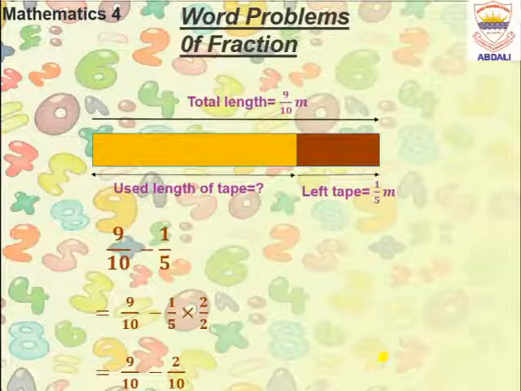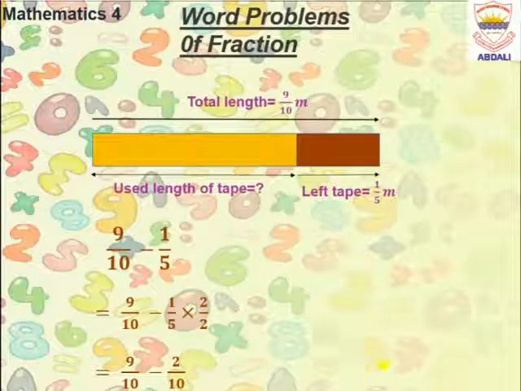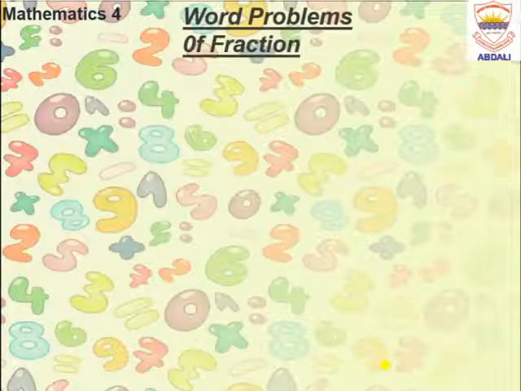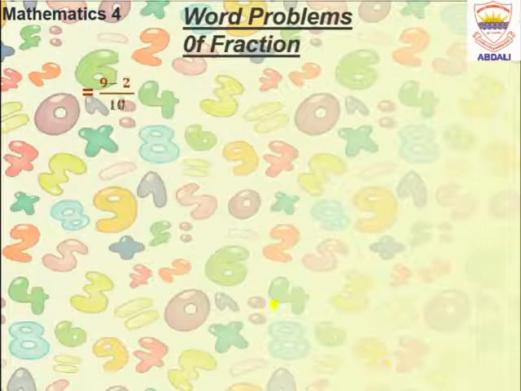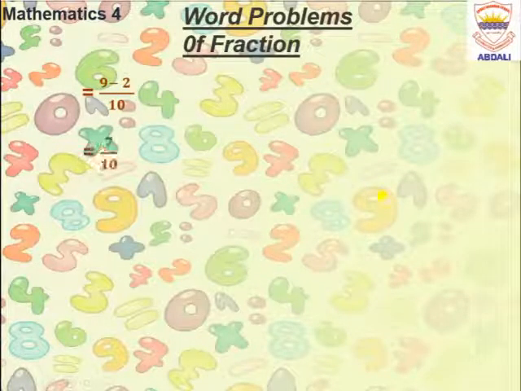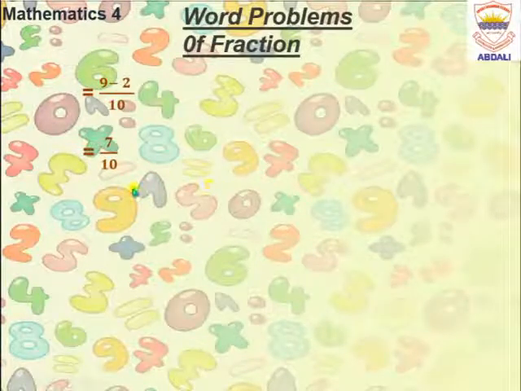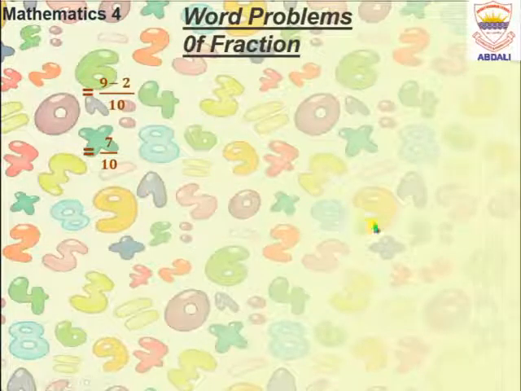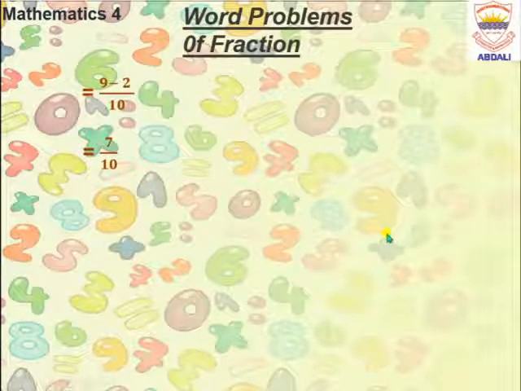Now tell me the second step of subtraction of fraction. Very good. The second step is to subtract the numerators, 9 minus 2, which gives us 7 by 10. As our answer is already in simplest form, we do not need to simplify it further.